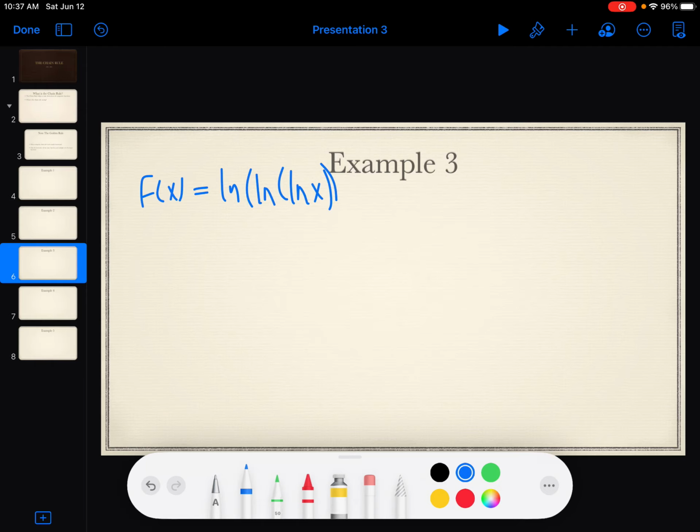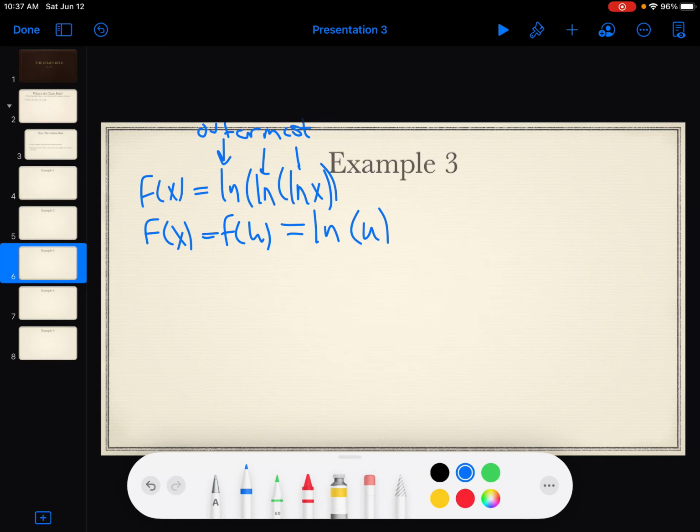Let's say big F of x is equal to f of u, and that is equal to ln of u. And this is the outermost ln, right? This is our outermost function. And then you've got our next outer function, then our inner function.